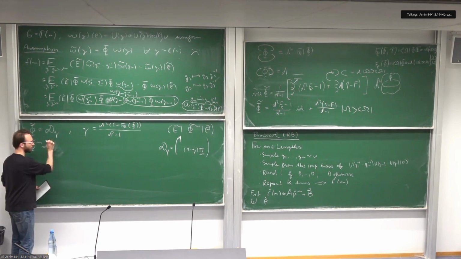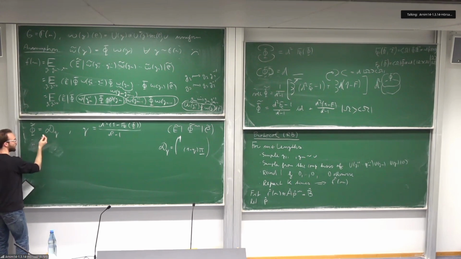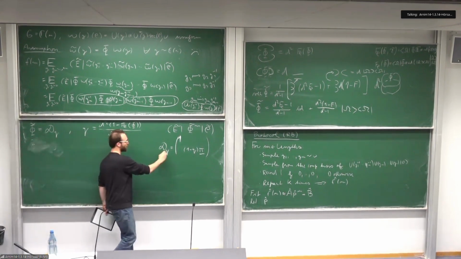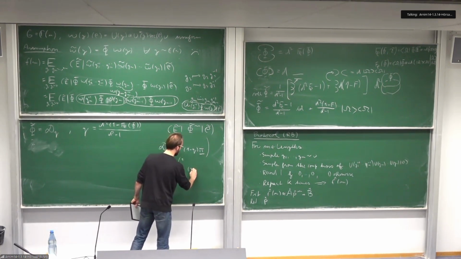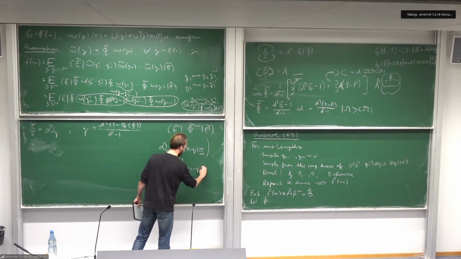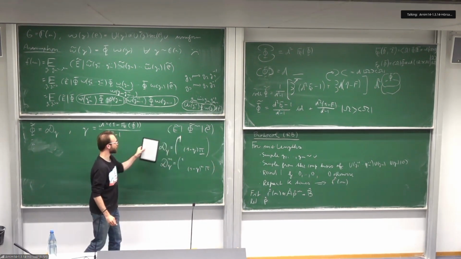But okay, sorry, no. So we have this representation, and that means that to the power of m, we get 1 minus Q to the m times pi. This is what we get, and we can just plug it into here.